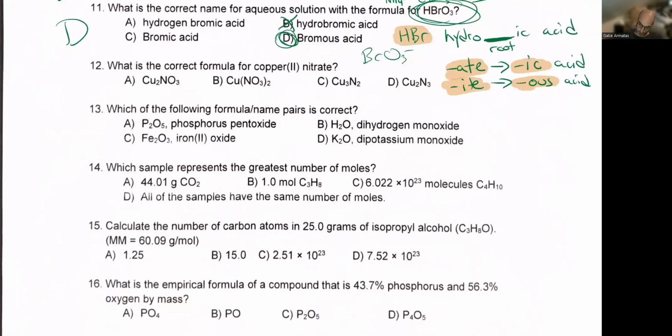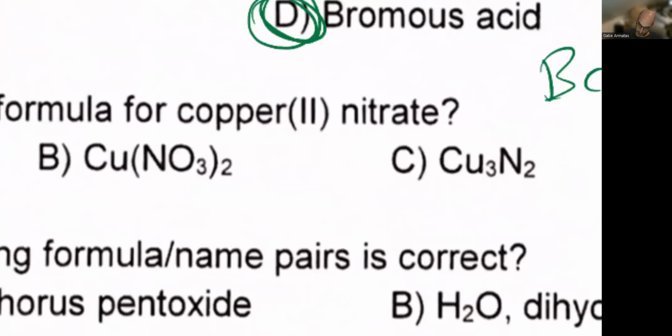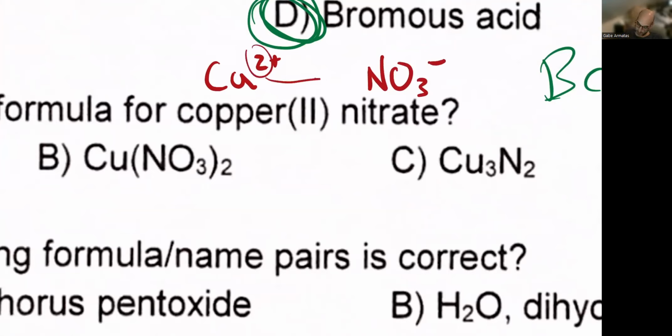All right. What is the correct formula for copper 2 nitrate? Okay, we can do this quick and easy. Copper 2, anytime you have a Roman numeral, just be happy because it essentially just tells you the charge. Nitrate, NO3 minus, I know that's polyatomic. So you can take the number and give it to the other one.